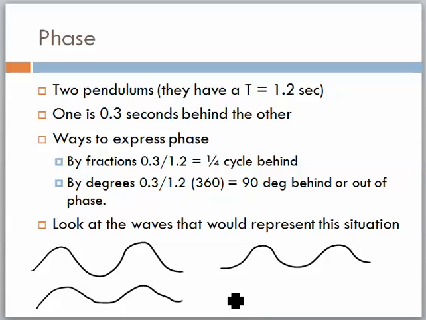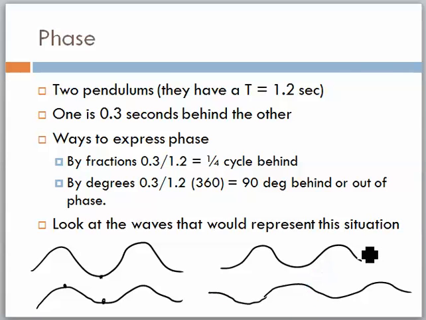These two waves right here are not in phase because their crests and troughs are not matching up. Here we have a crest and a crest, a trough and a trough. So these two waves are in phase. They are the same length and they're matching up with each other.